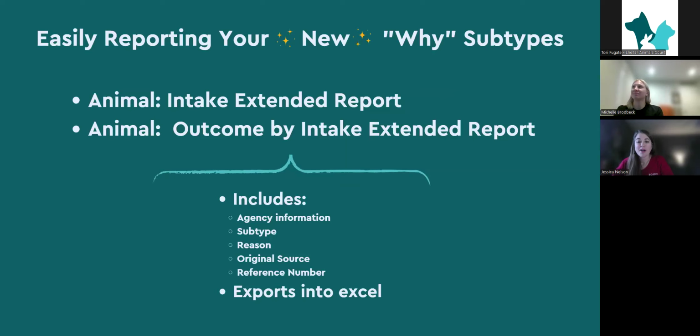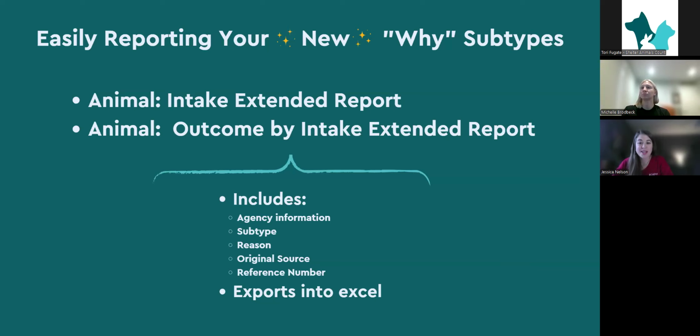A couple of great reports for tracking the why subtypes and all those other levels of data that you can track on your PetPoint transfers in and out are our Animal Intake Extended report and Animal Outcome by Intake Extended report. So those reports include your agency information, so the who associated with those transfers.